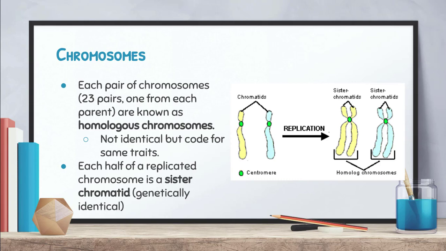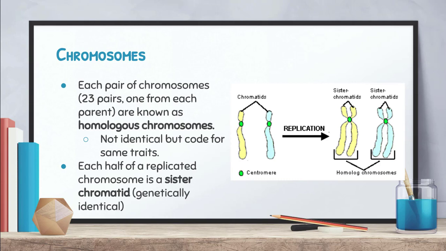So, eye color may be on chromosome number 3. Well, eye color will be on chromosome number 3 from mom and dad. But it may code for a different trait. You may inherit a blue eye gene from mom and brown eyes from dad. So keep that in the back of your mind. Homologous chromosomes are not genetically identical. Now, when we go back and look at the replicated chromosome, the sister chromatids, they are genetically identical.